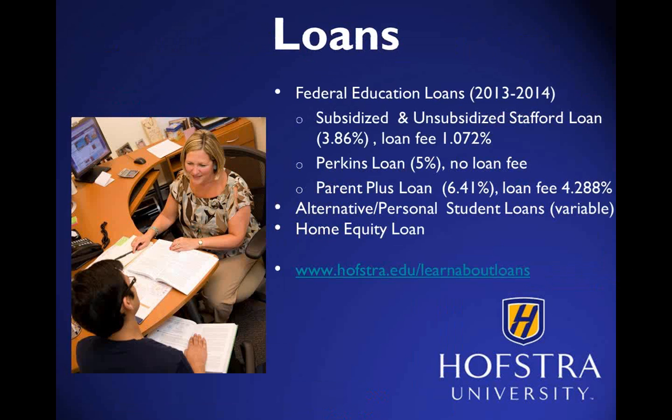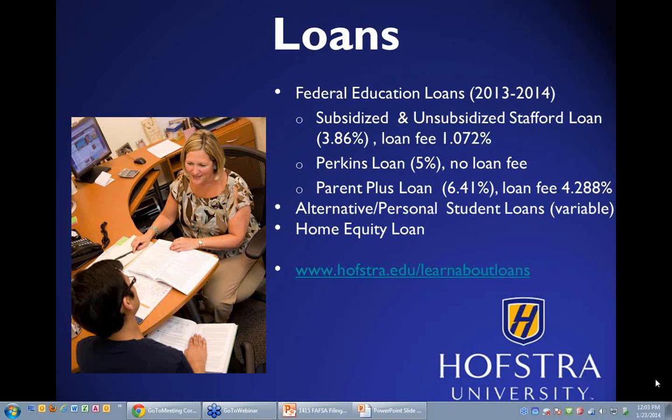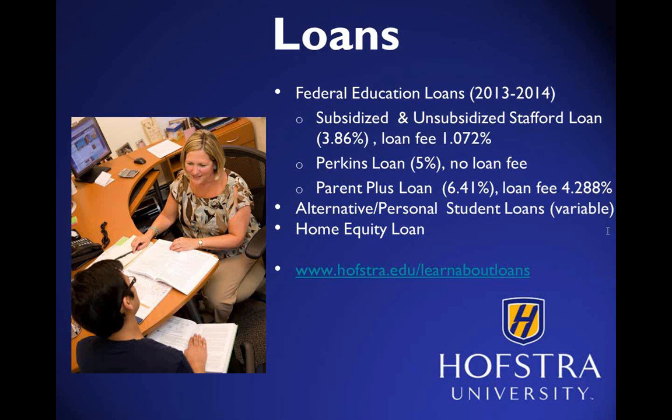The next category of financial aid we will discuss is education loans. The Stafford is a student loan divided into two categories, subsidized and unsubsidized. The eligibility for subsidized versus unsubsidized is determined by the FAFSA. The interest on the subsidized loan is paid by the government while the student is in college, whereas the unsubsidized loan interest accrues while the student is in college.